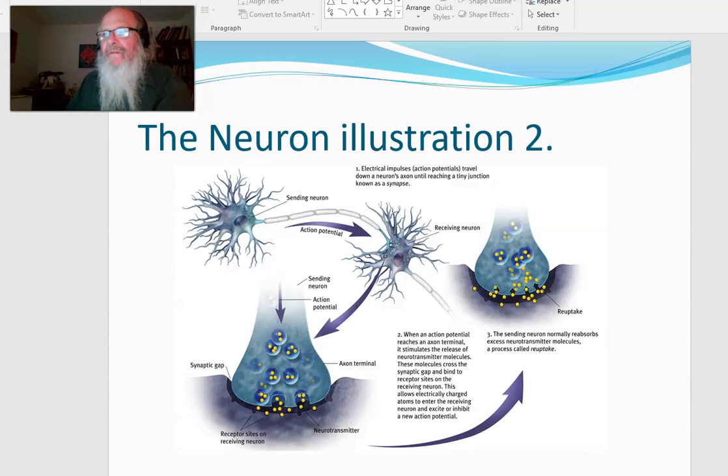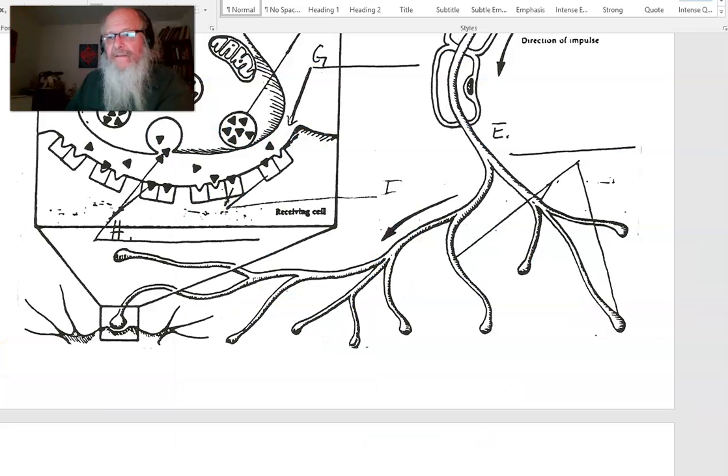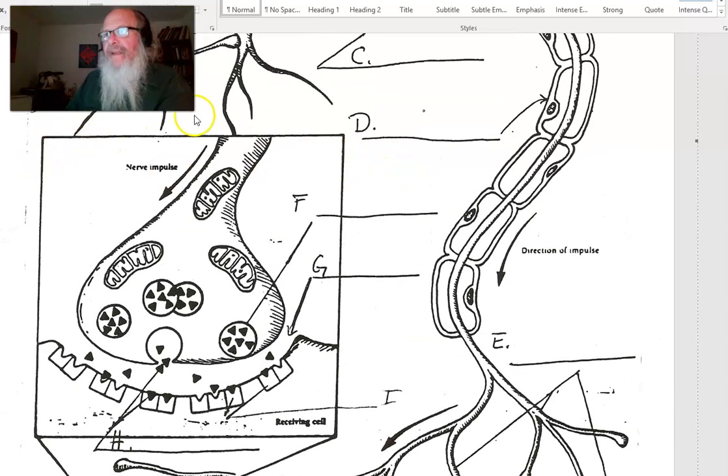So here's the second part of our illustration, the cutaway in the handout. That's this box.